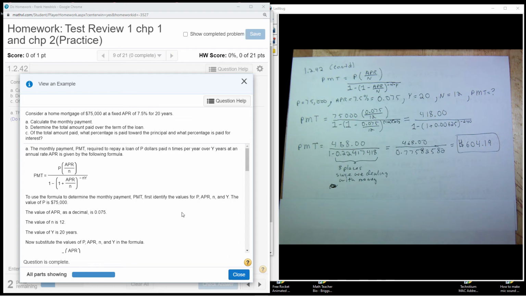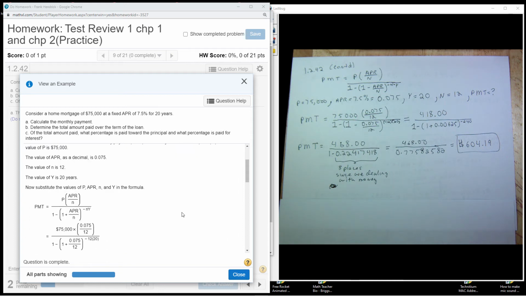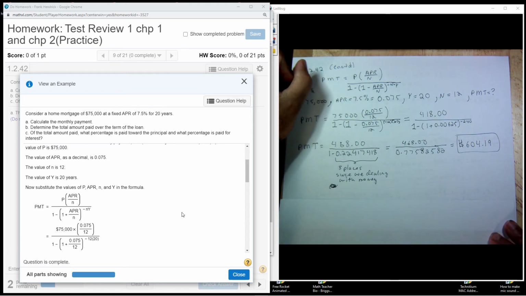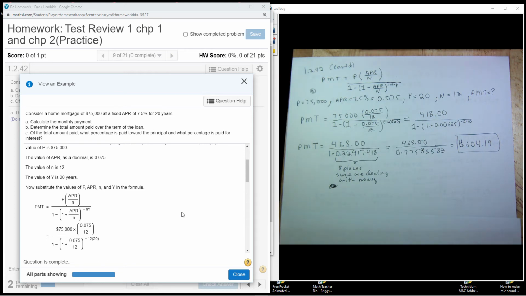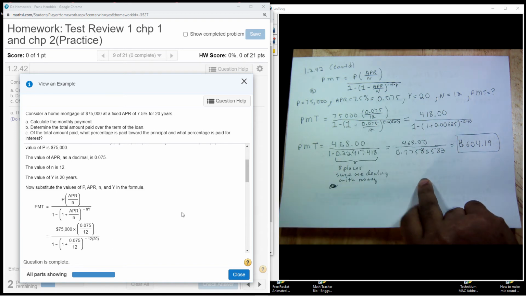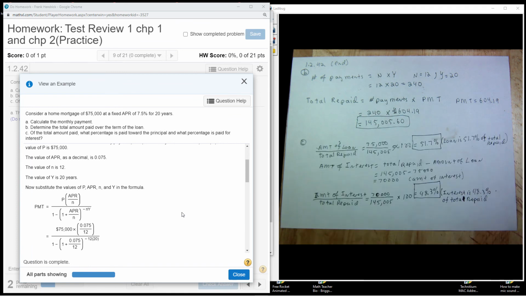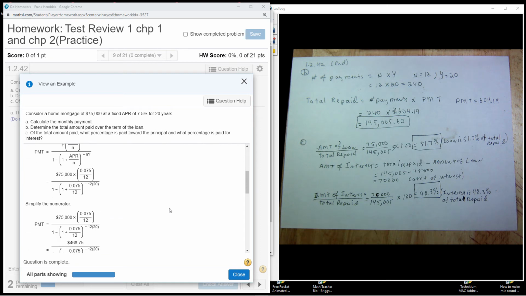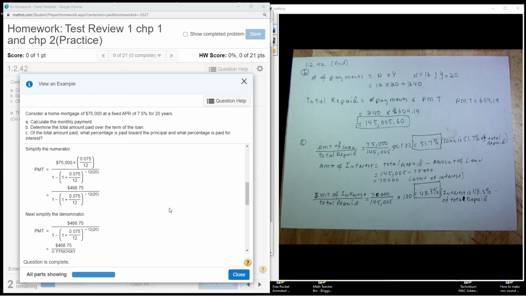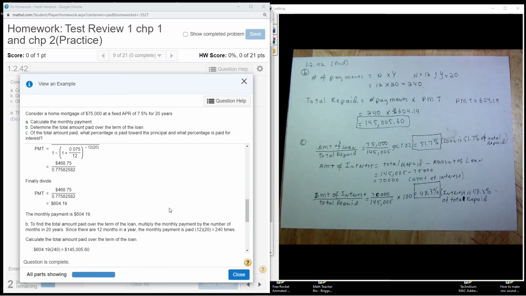And this is part A. And if we look at it here on the screen, they simplify the numerator, they simplify the denominator, and they get the same value there for the payment.